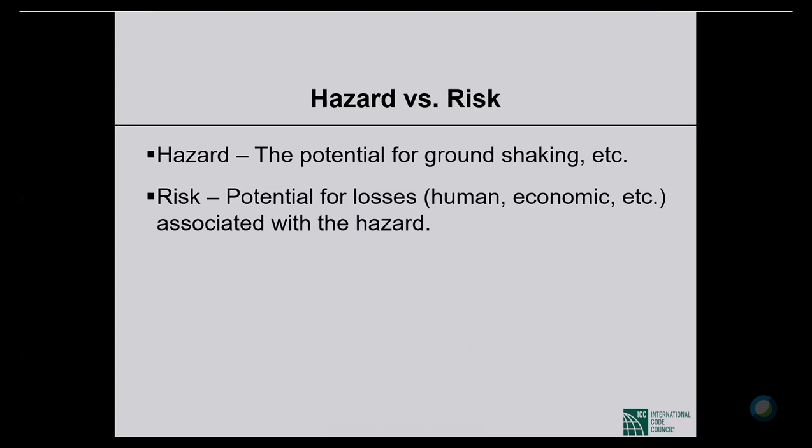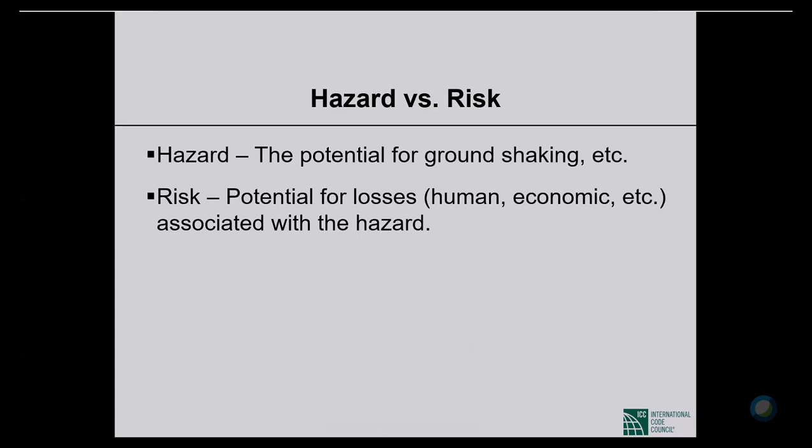So the potential for something happening is the hazard. Risk is potential for losses if that something happens. Okay, so potential for losses, human loss, economic loss, all of that is associated with the hazard.